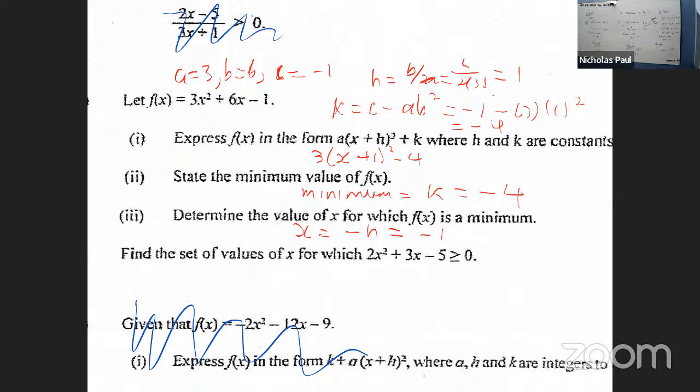That's always the key. The minimum value is always K, and the x value that gives you K is always minus h. All the time. Every time you see that, K is the minimum value and the x value is minus h.